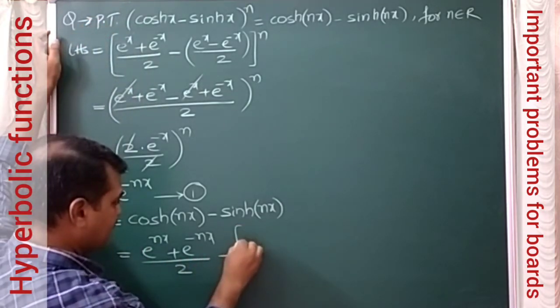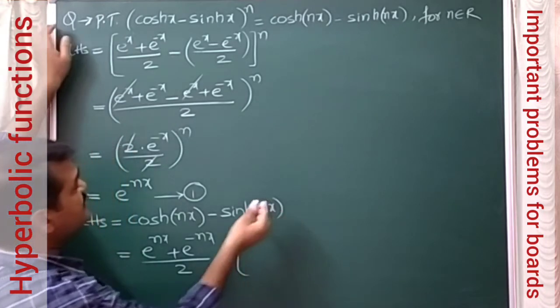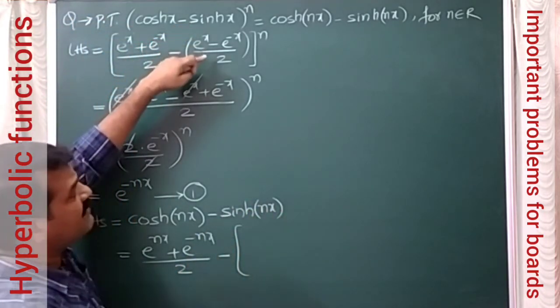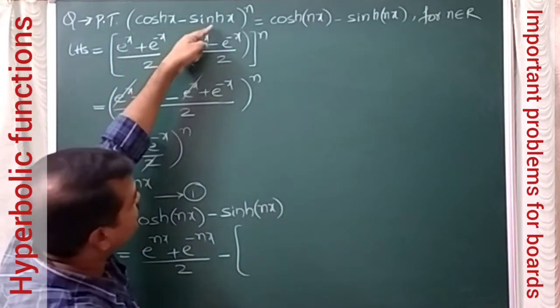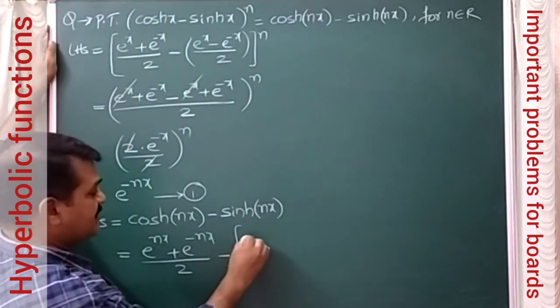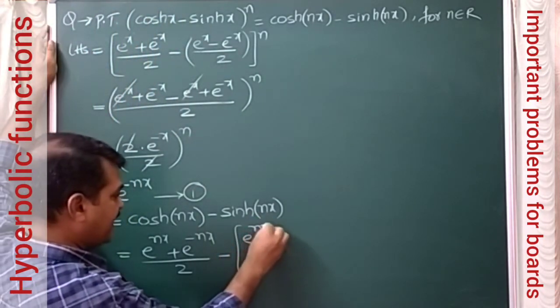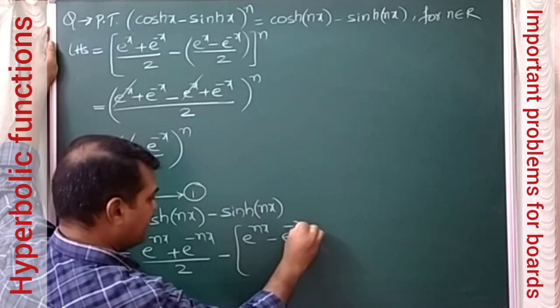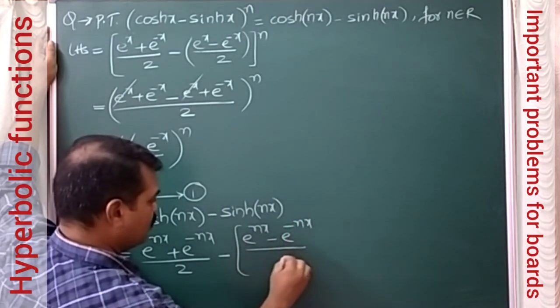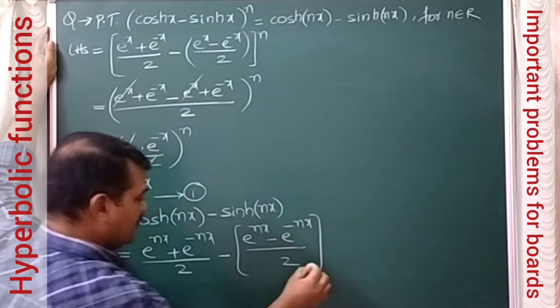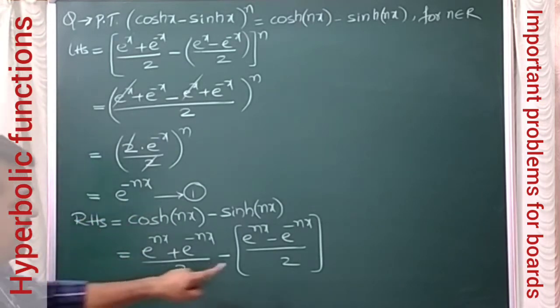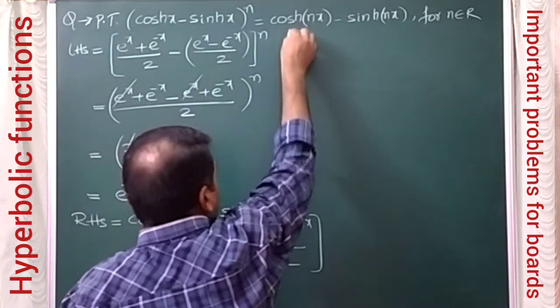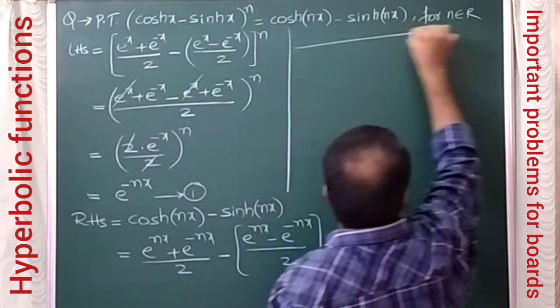Similarly, sin h of nx also same. Sin hx formula you observe, just replace x with nx. So this is (e power nx minus e power minus nx) by 2. Now you can clearly see denominator is same.